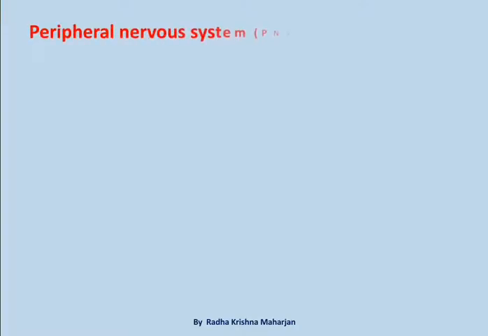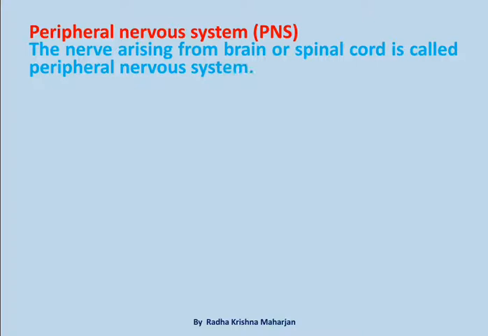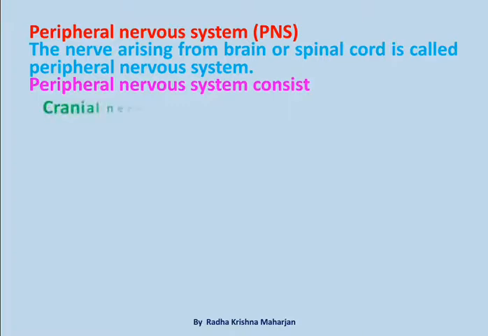Peripheral nervous system (PNS). The nerve arising from brain or spinal cord is called peripheral nervous system. Peripheral nervous system consists of cranial nerve tissue and spinal nerve tissue.